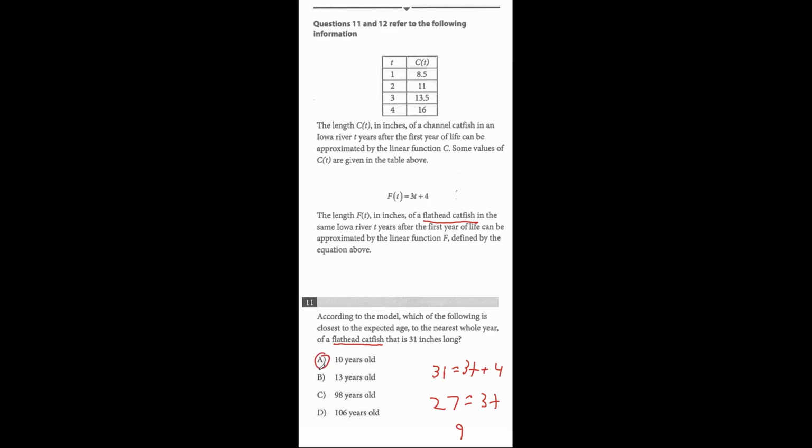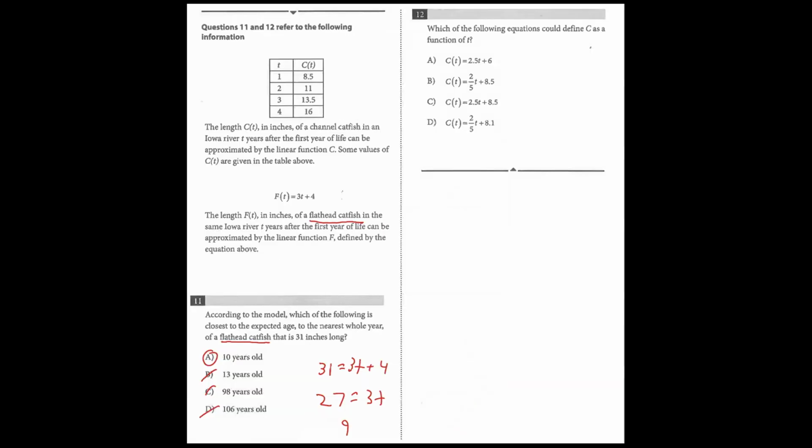That would just be 10, because 10 is the closest number to 9 out of these answer choices. Also, the reason why it's 10 is because this is after the first year of life, so you have to do plus 1 to get the total number of years. Okay, question 12.